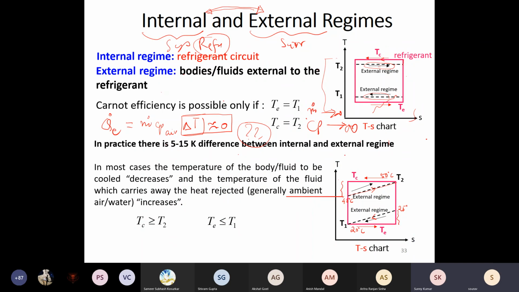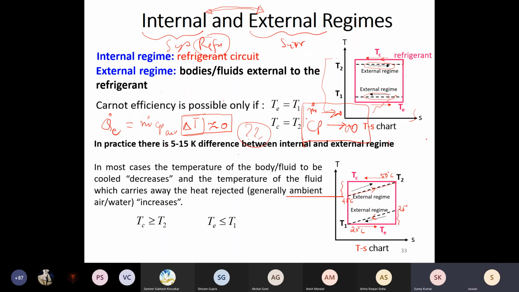It means that you have such a large fan that it is blowing air at extremely high velocities, and even after it loses heat to the evaporator coil or gains heat from the condenser coil, the temperature change between inlet and outlet is negligible. So these are the two limiting cases when you can have the external regime undergoing an insignificant amount of temperature change.